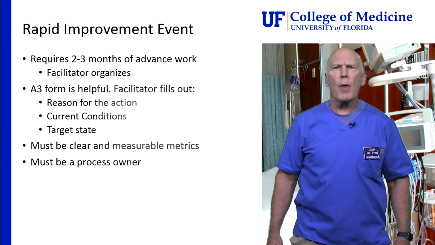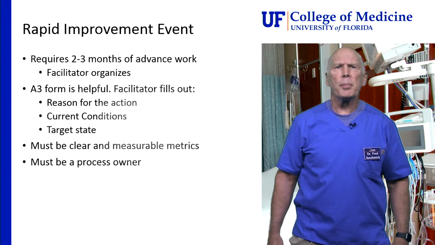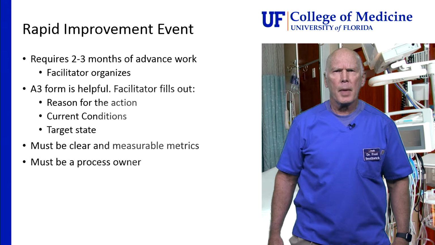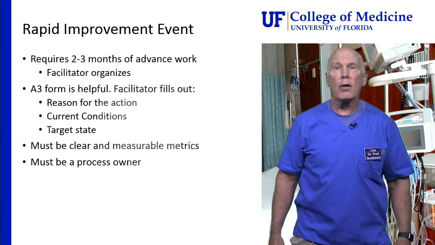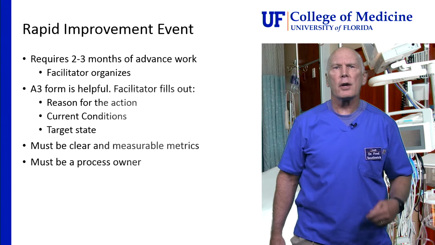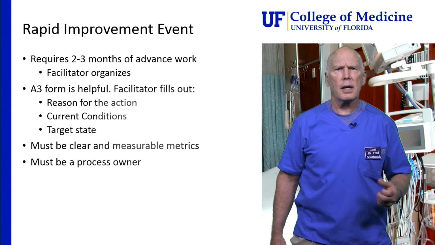Before beginning a rapid improvement event, there need to be 2 to 3 months of advance work, usually performed by the facilitator. Many recommend using an A3 form to guide all of the work involved in a rapid improvement event. But before the event begins, the facilitator should fill out the reason for the action, the current conditions, and the target state.